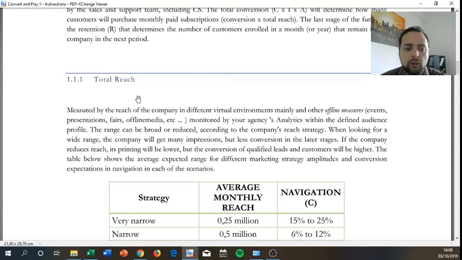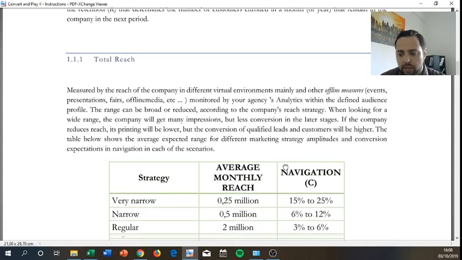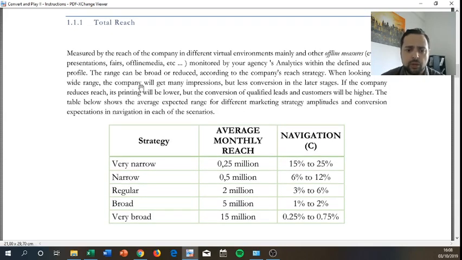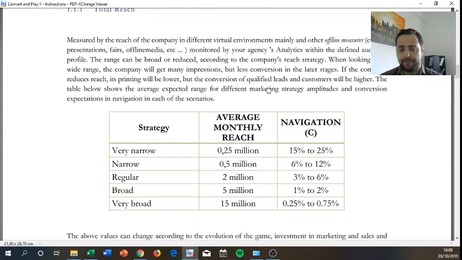So, the total reach. The total reach represents how many persons, how many companies will be reached by your strategy, especially on online media, but also using offline measures. The reach is represented not only by virtual environments; it represents how many companies or how many people have access to your promotion.